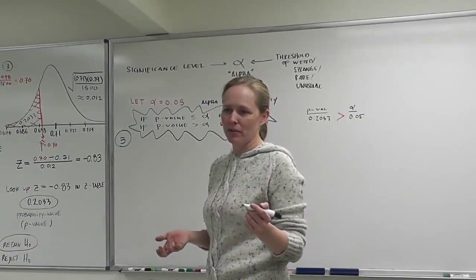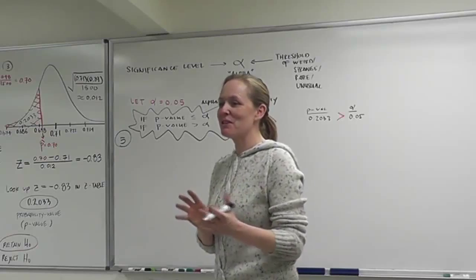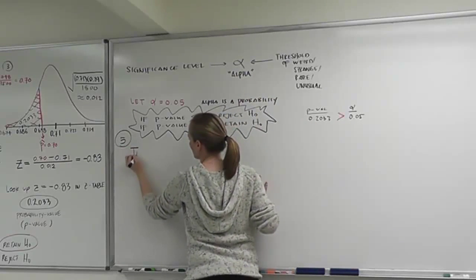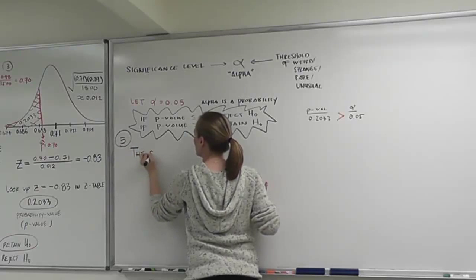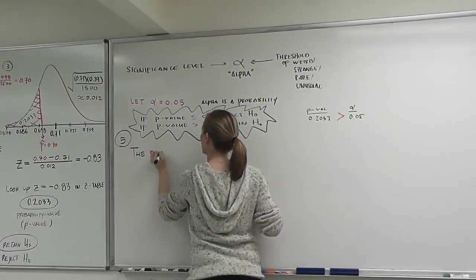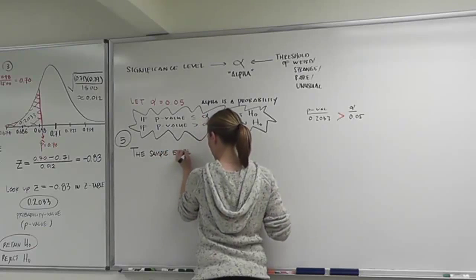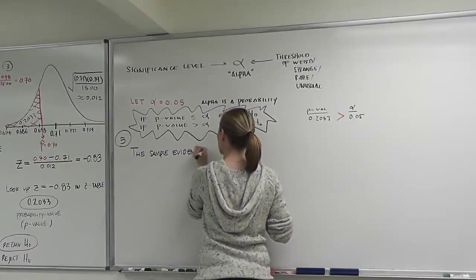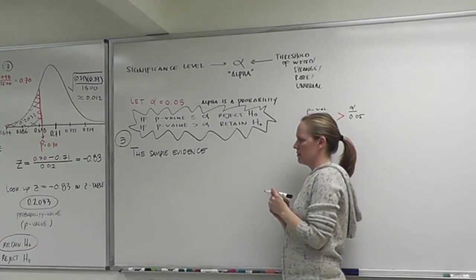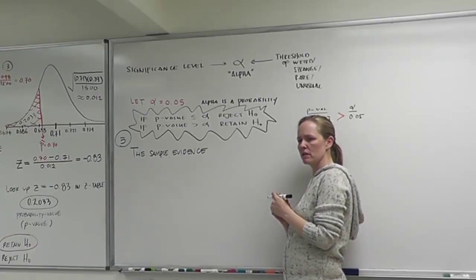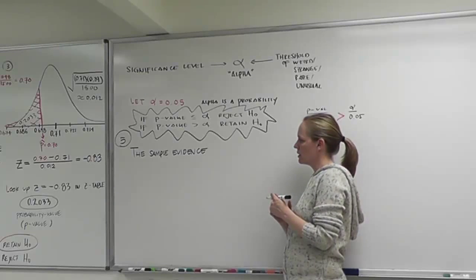And you can't just write no. I wish that were it. But you want to summarize. So I like to start with the sample data or the sample evidence, because that's what we use. What did the sample evidence tell us? Did it support or not support this notion of decrease? It doesn't, right?